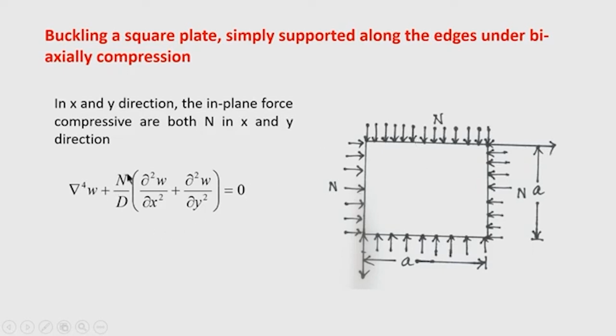So, I have taken N common from both the curvature terms, del square W by del x square and del square W by del y square. Here D is the flexural rigidity of the plate and N is the axial compression, equal in both directions. Okay. Let us solve this problem by finite difference form.